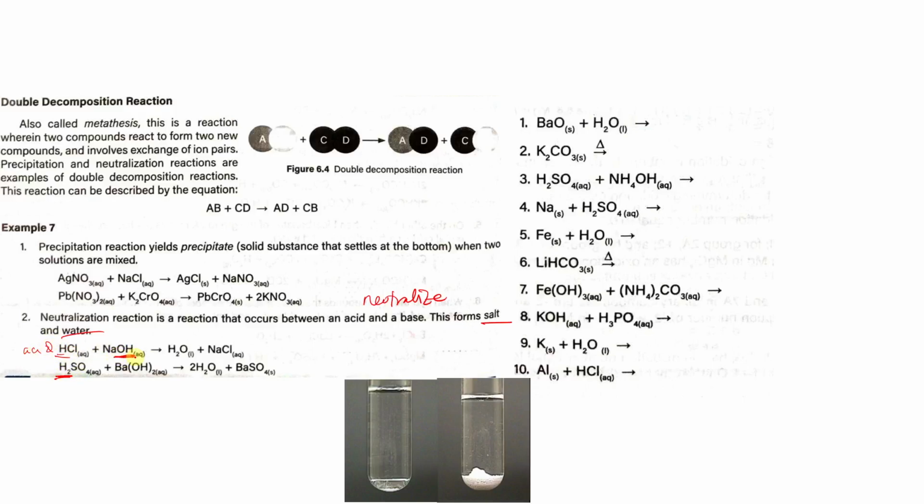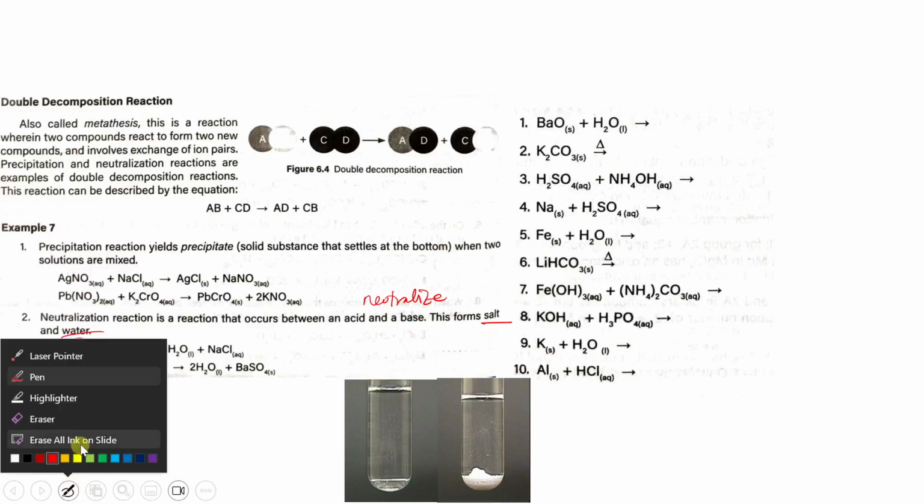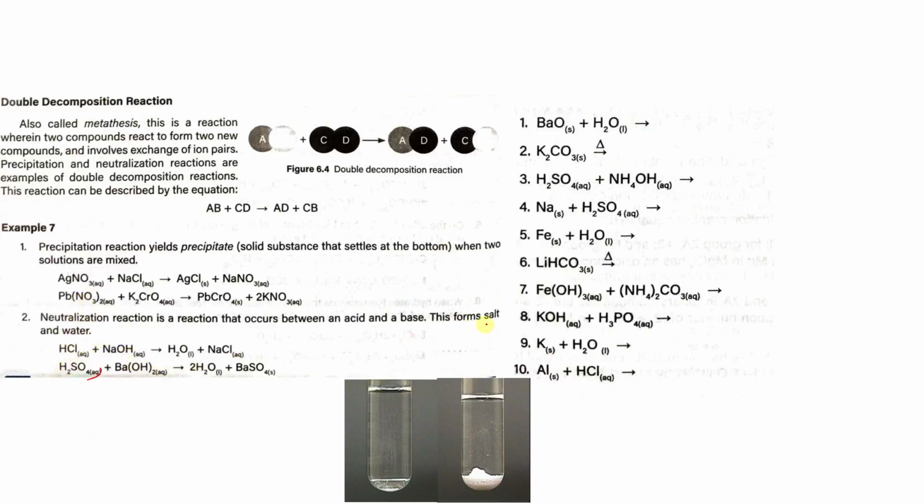Then if there is an OH group, that one is a base. Again, acid, then we have a base over here. Acid, then we have a base over here. Again, the product is a salt. We have NaCl. Then we have water, H2O.